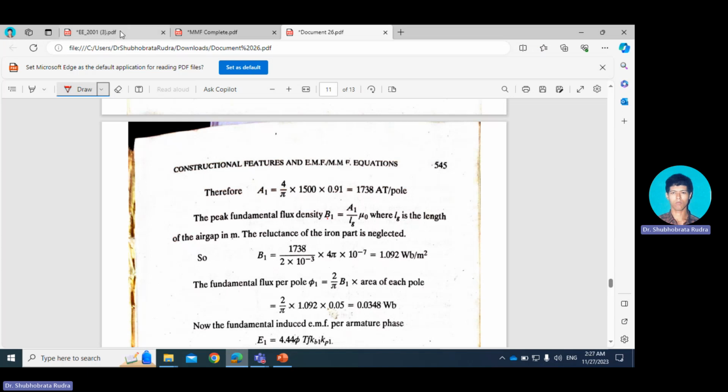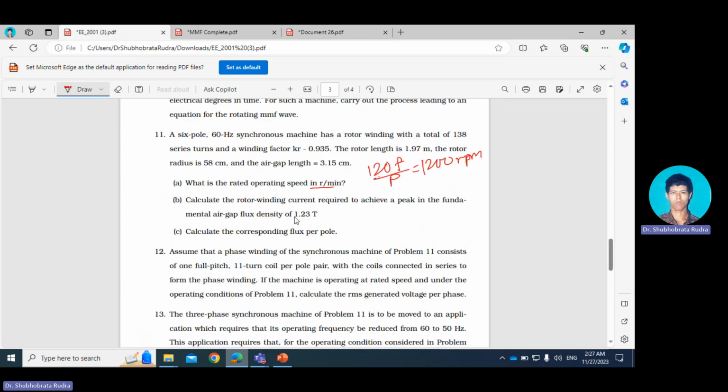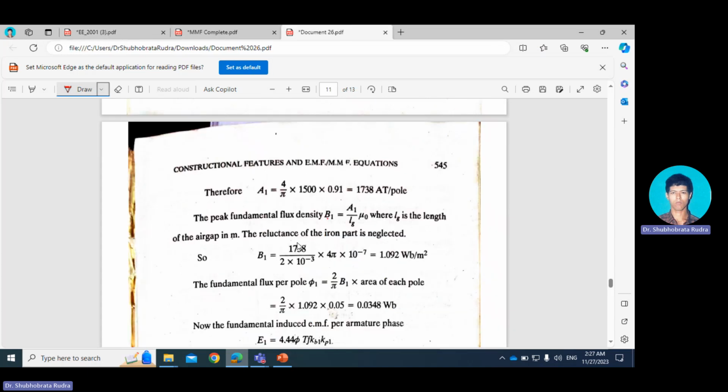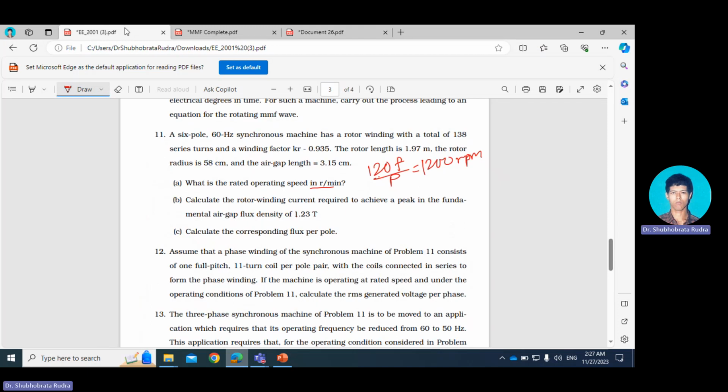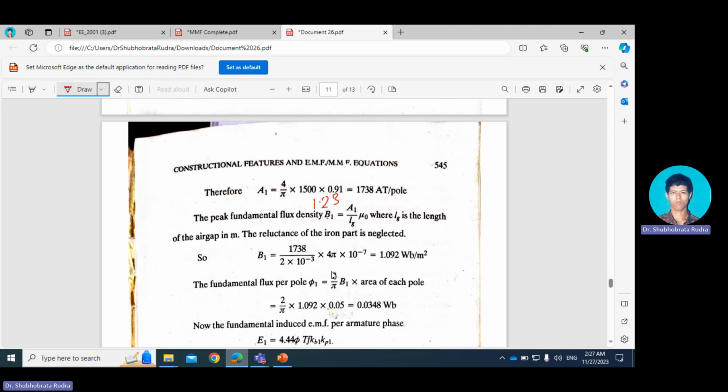Now, on the contrary, here you have these things given. So what you should do, you should put in this formula 1.23. Correct? Because whatever you are getting, it's a peak. Right?